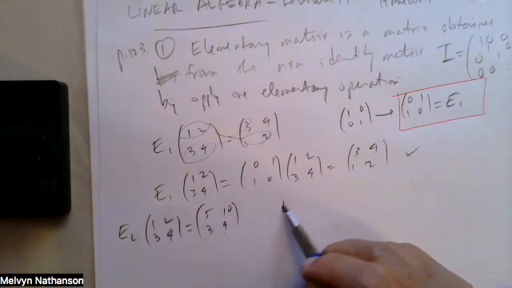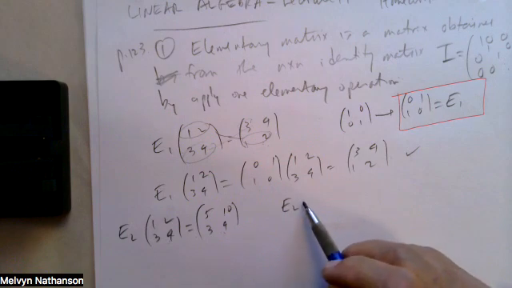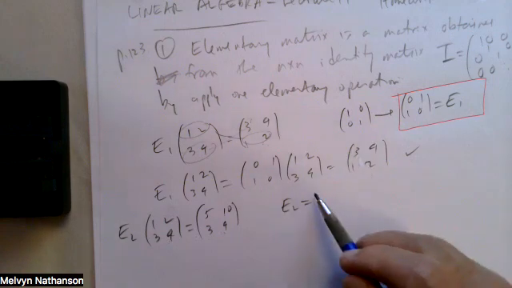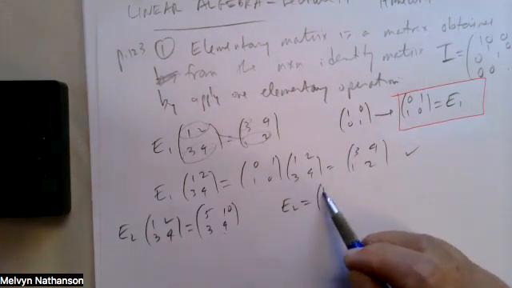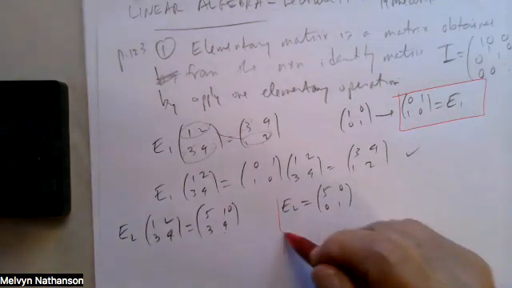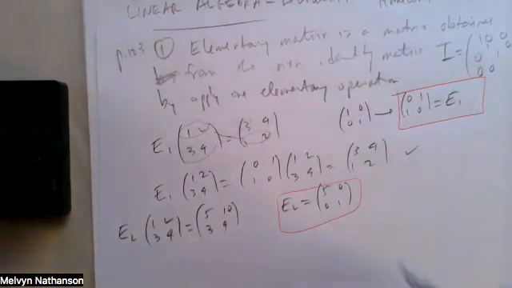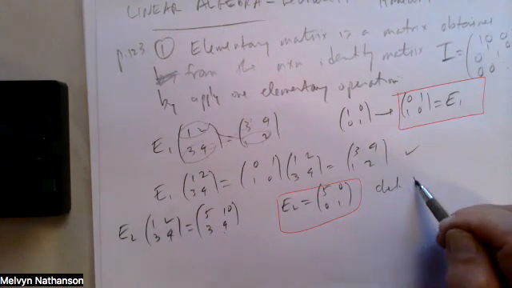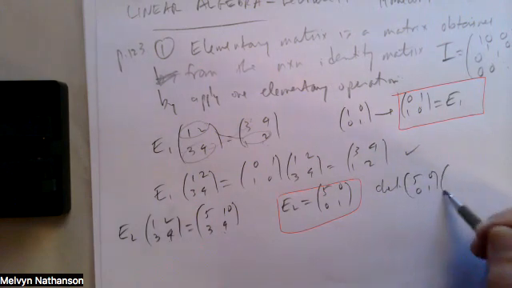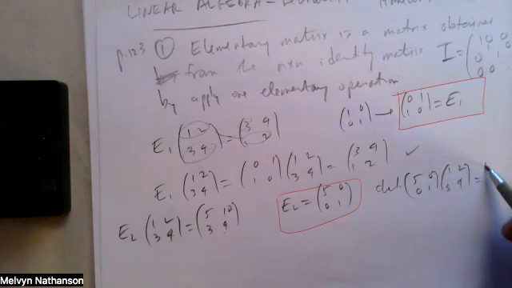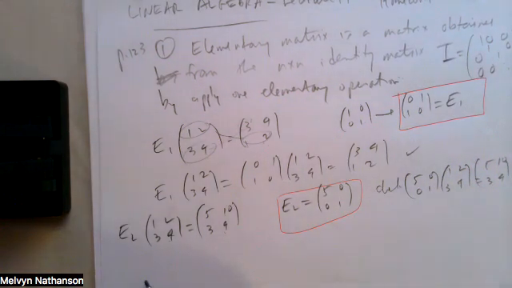So E2 is just the matrix you get when you take the identity matrix and multiply the top row by 5. Right? That's E2. And if you want to check, 5, 0, 0, 1 times 1, 2, 3, 4, in fact, is 5, 10, 3, 4. So that checks.